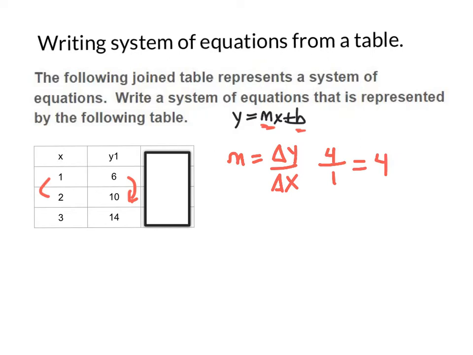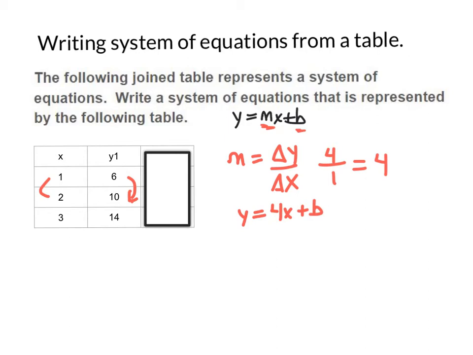Now we want to write our equation y equals mx plus b. But we know that the m was 4, so we can go ahead and replace that with 4. So let's call it y equals 4x plus b. But now we're going to plug in one of these ordered pairs. We'll just use 1, 6, where we replace x with a 1 and y with a 6.